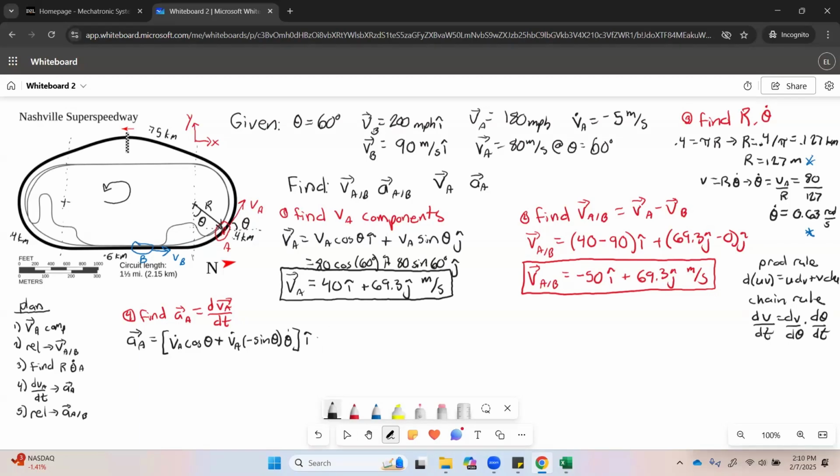So now we need to take the derivative of the VA sine theta part. So this will go just the same way. We'll have VA dot times the original sine theta, and then plus VA is constant, derivative of sine theta is cosine theta. So we have cosine theta, and then the theta dot pops out from chain rule.